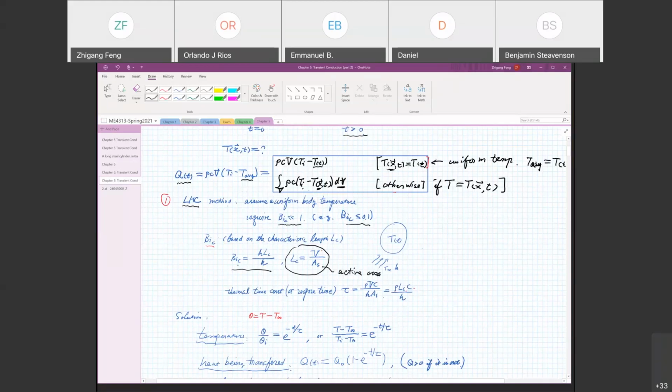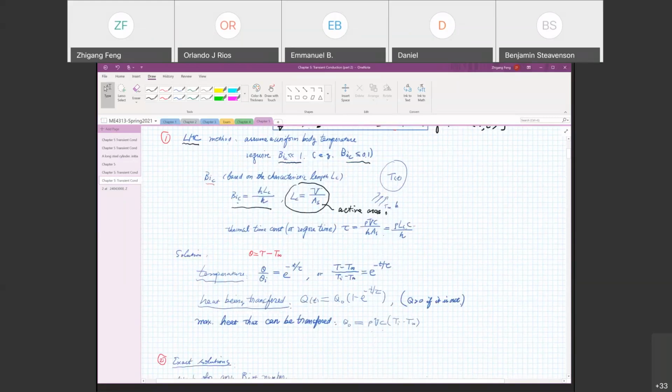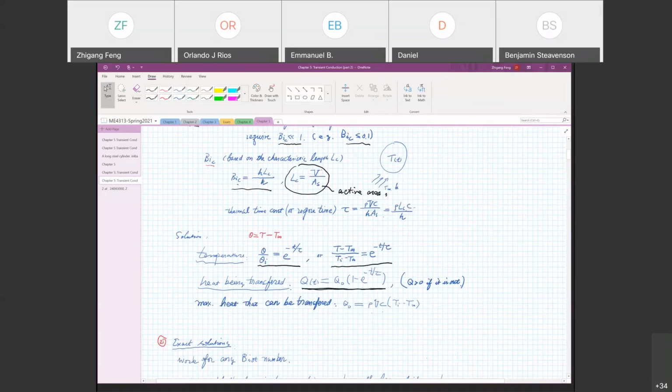So if you cover a certain area with insulation, then it cannot be counted as active area. So active area has to be the area involved in convection. And the solution for the LHC method is very simple. So for temperature in terms of theta, or in terms of real temperature, big T, these two equations are for the temperature profile. And the amount of heat being transferred is given by this equation. And Q naught is the maximum heat that can be transferred. So this is the LHC method.